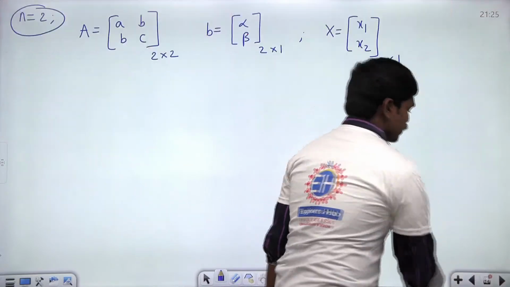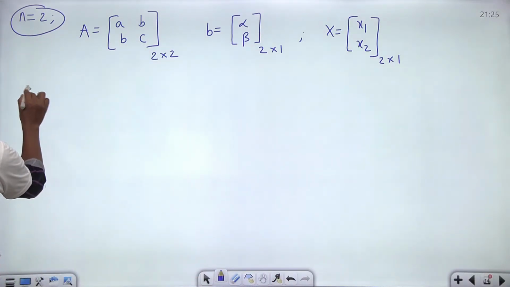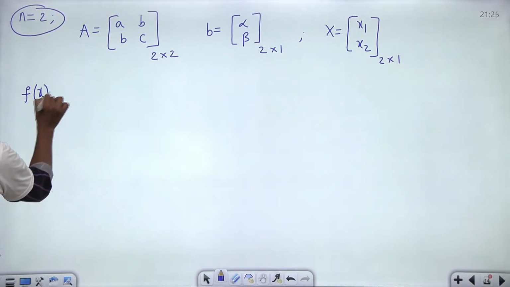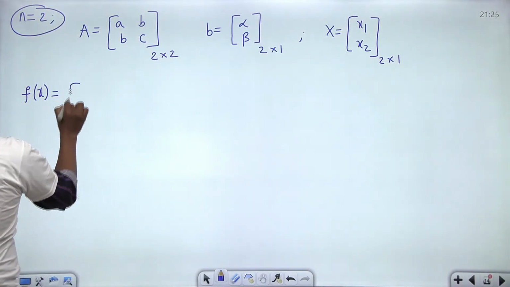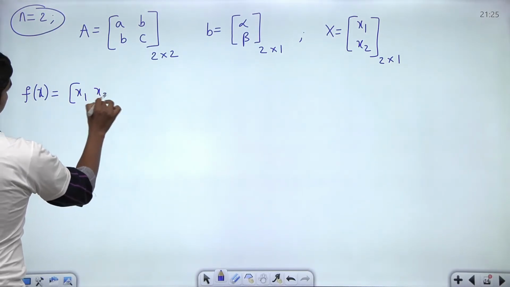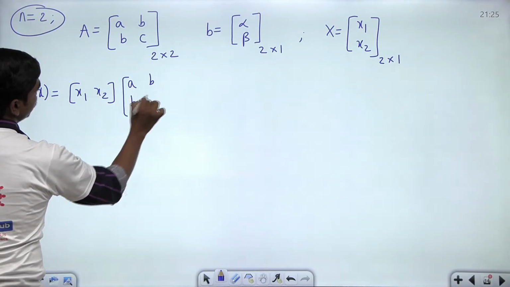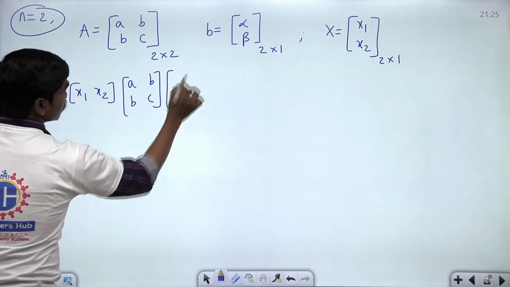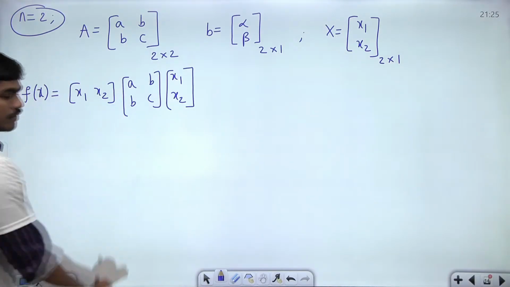Yeah, minimum. Now, if you work out this procedure, f of x is equal to x transpose, which is x1 x2, into A, which is AB BC, times again x1 x2. This is what you have.